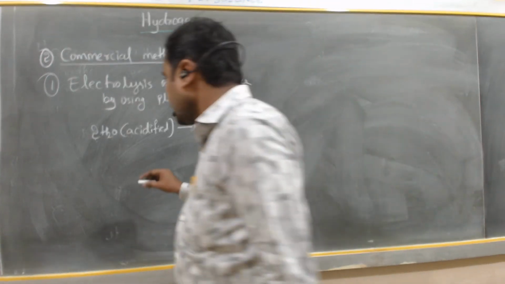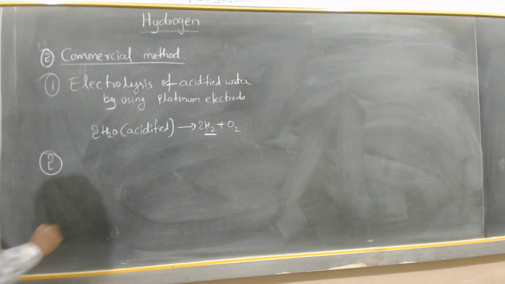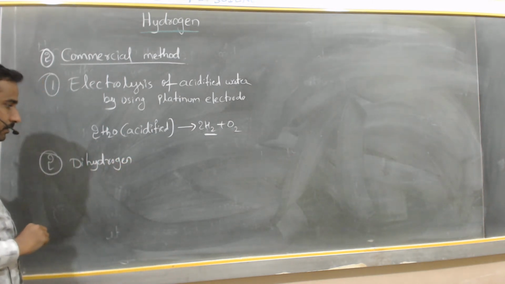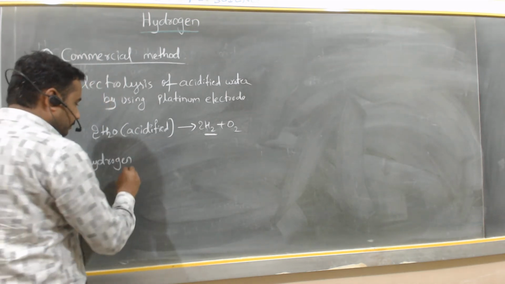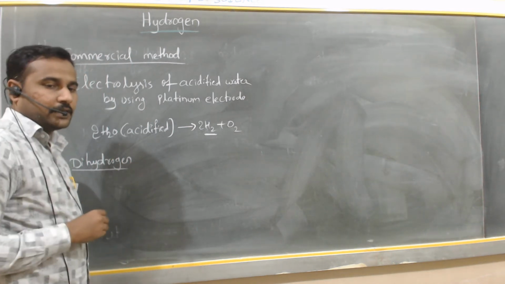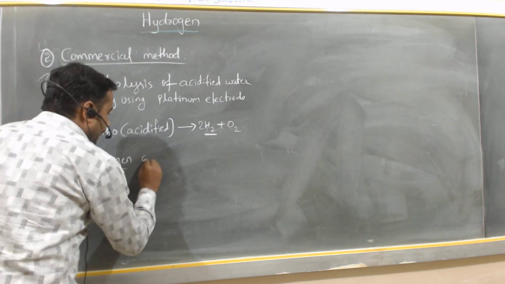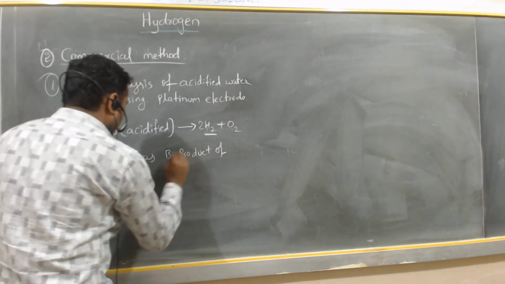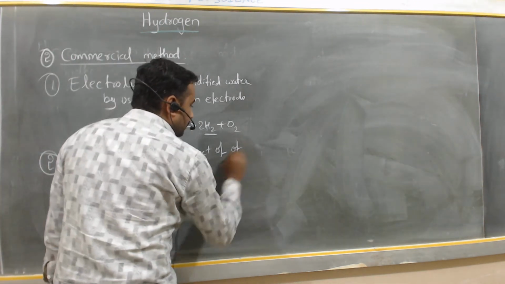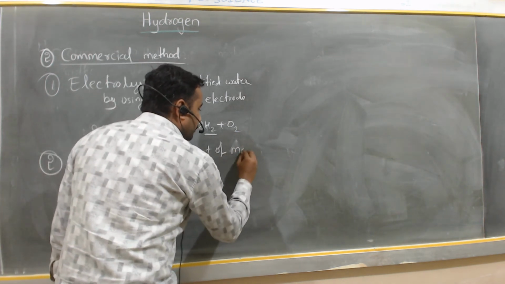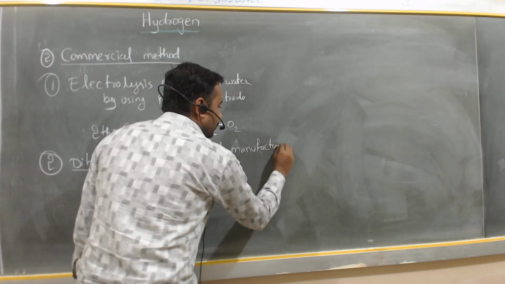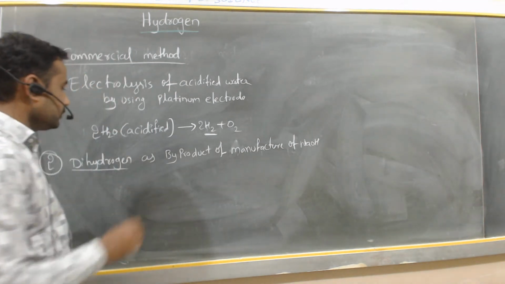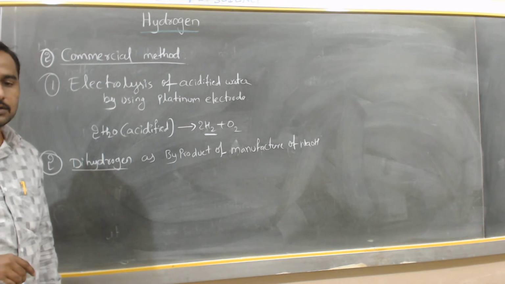The second method is this: dihydrogen is produced as a byproduct in the manufacture of sodium hydroxide, that is NaOH.